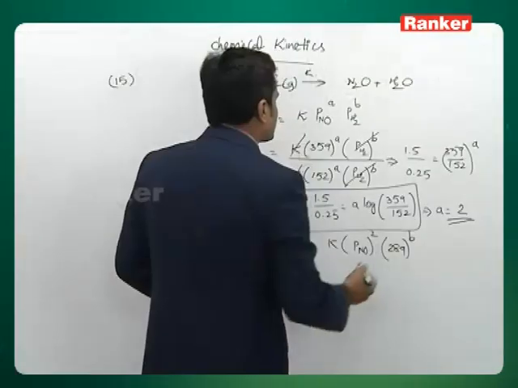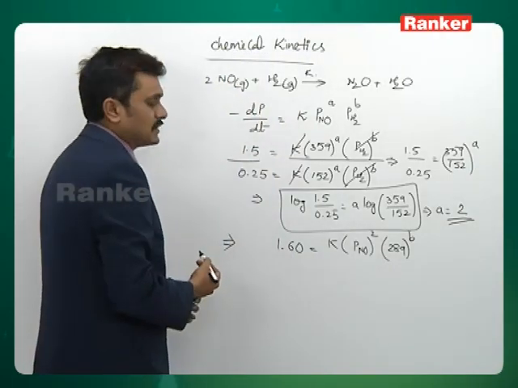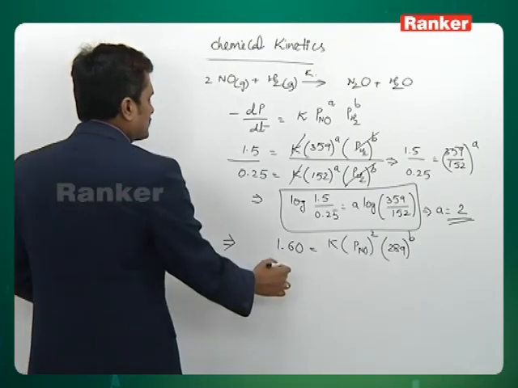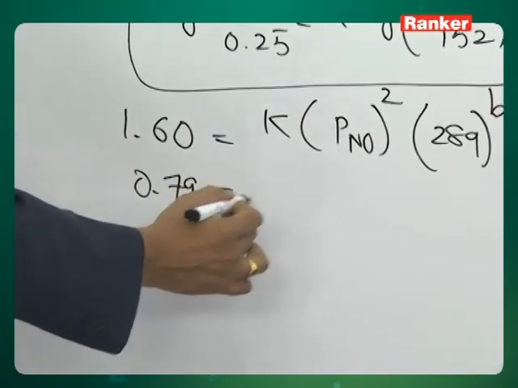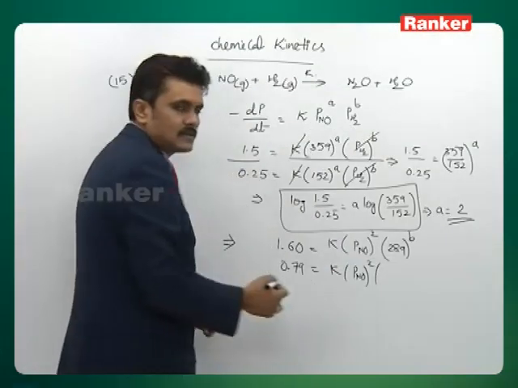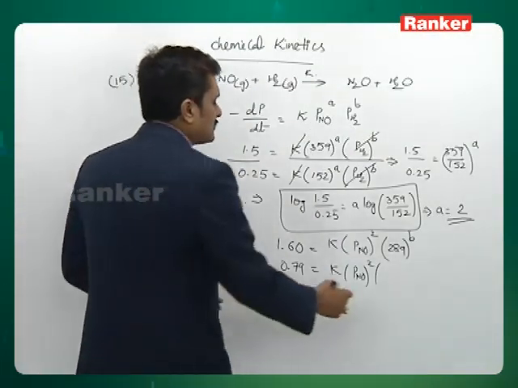The order of the reaction with respect to H2 is assumed as B, and the rate was found to be 0.79 torr per second when the pressure of H2 is made 147 torr.